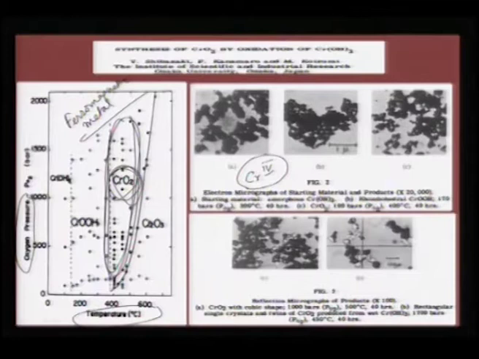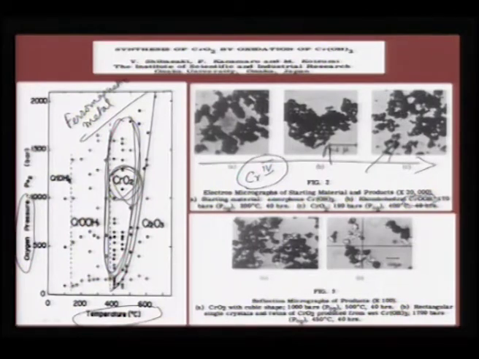And these are the SEM micrographs which clearly show how the formation of CrO2 happens, starting with chromium oxyhydroxide, CrOOH, and then when you heat it for a long time under pressure, it transforms into CrO2 like this.